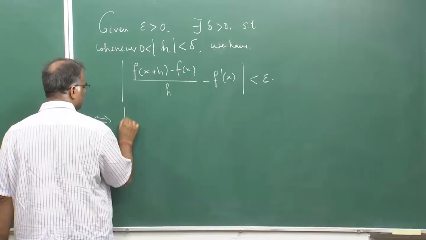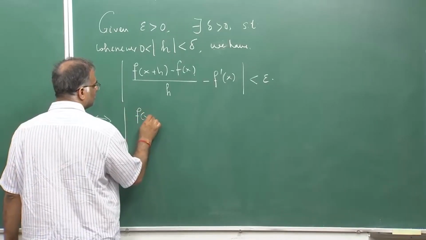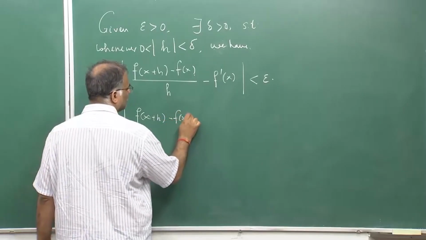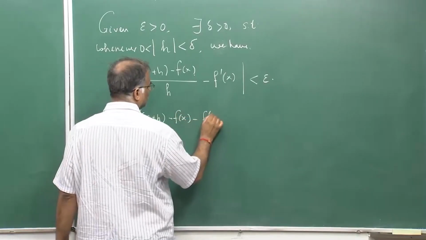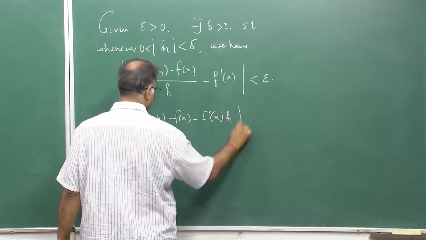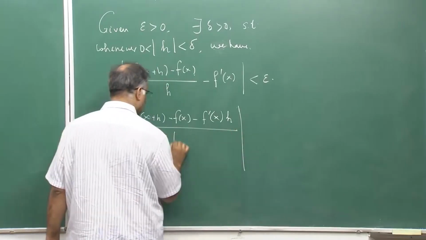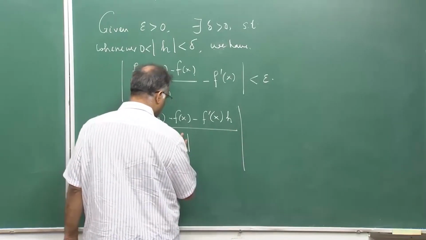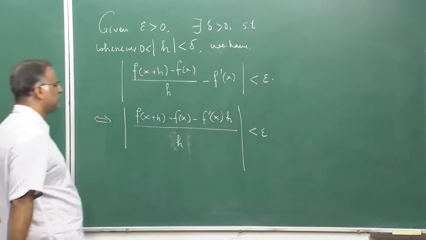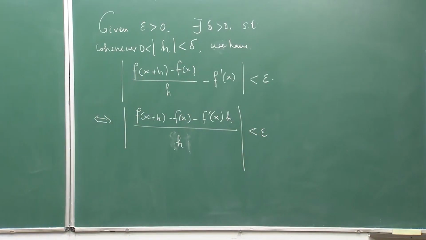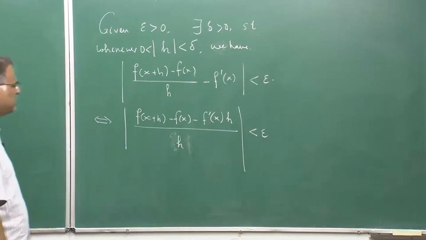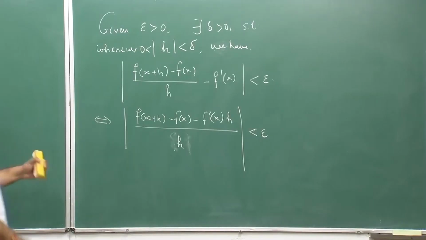Simply means that, by h, this is strictly less than epsilon. So, we just made some simple modifications here, just made this more compact. So, what does this mean?